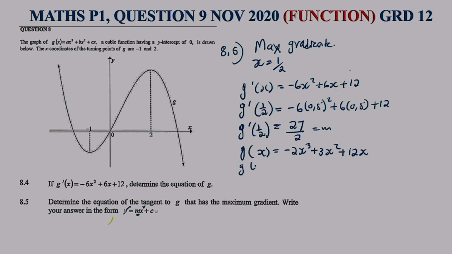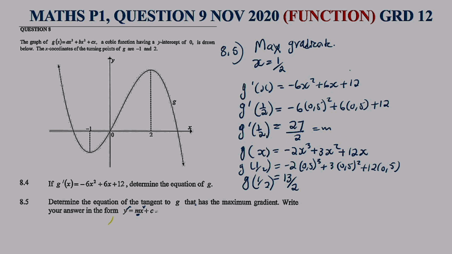So we need to find the y value when x is equal to half. We substitute everything into our original equation, which all in all, if we put this into our calculator, gives us 13.2. Great stuff.